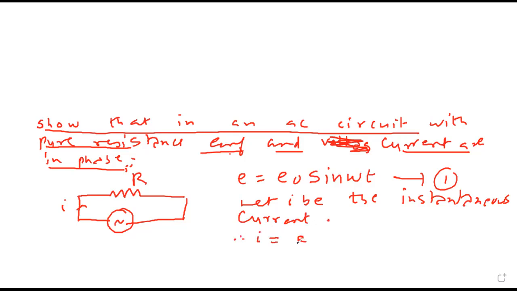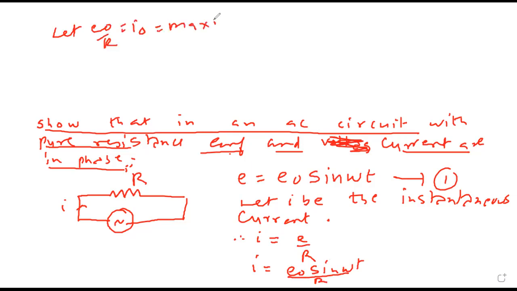Therefore, I is voltage upon resistance, which is E naught sine omega t upon R. Let E naught upon R be I0, which is the maximum current. So therefore, we get I equals I0 sine omega t.